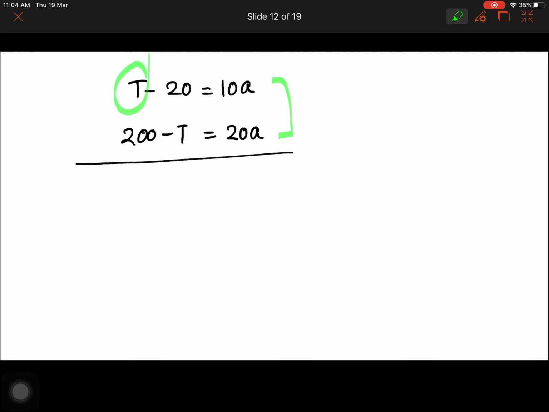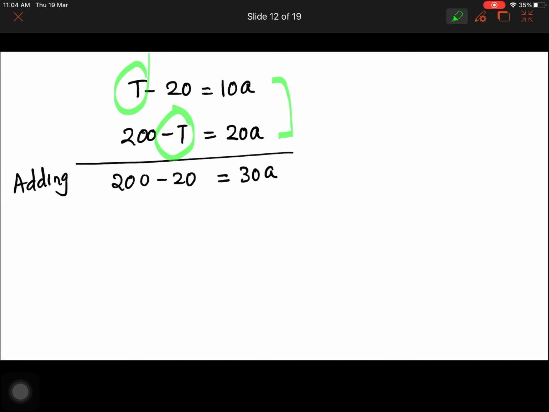And we can see that if we add these equations, T can be eliminated, because one T is positive and the other T is negative. So we add them and eliminate T.